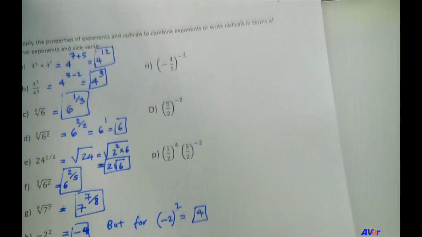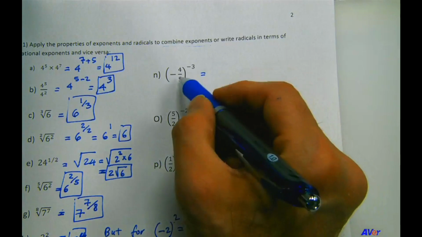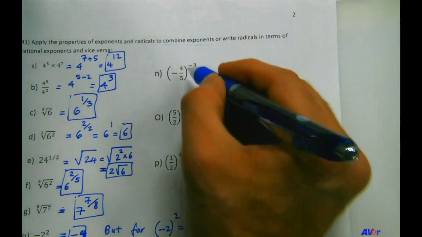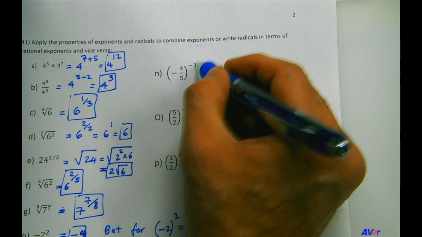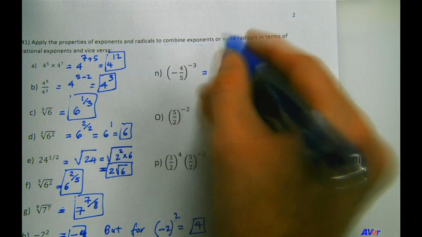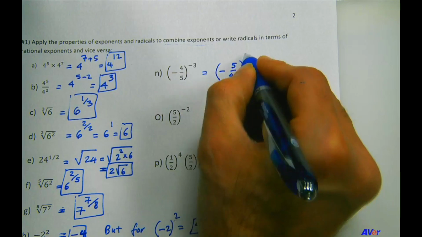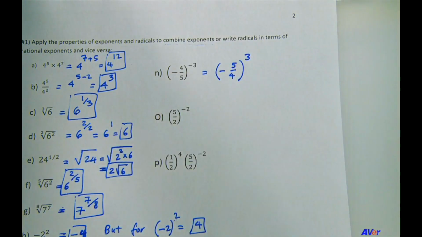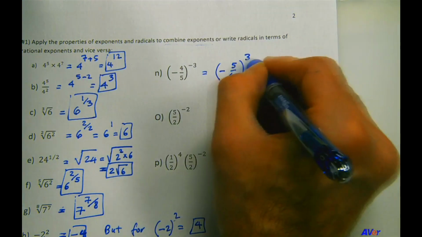Okay, so let's start with this one. Here in the properties, we learned that if you have a rational expression raised to a negative power, you can simply flip that, and that will make the outside power positive. So this is equal to -5/4 to the +3 power. And then furthermore, we could distribute this into this.